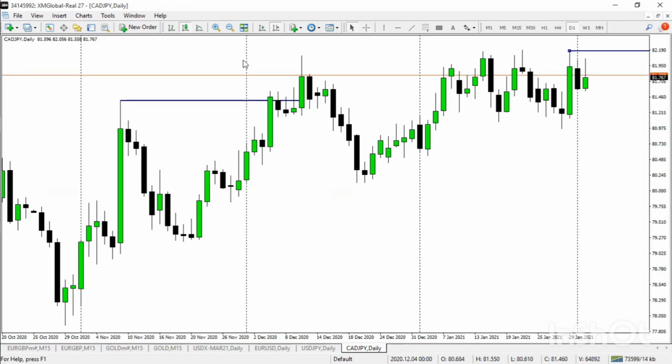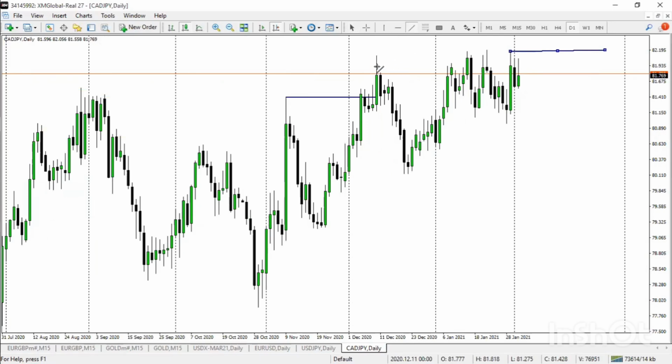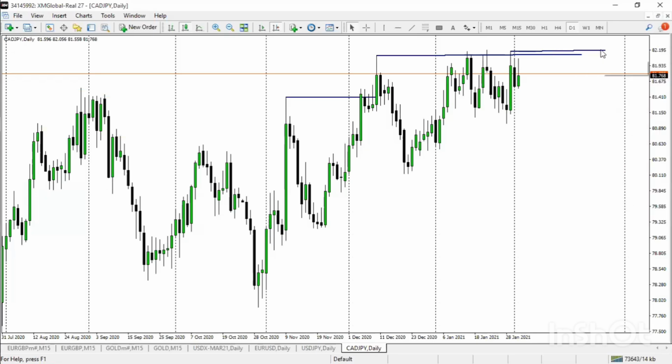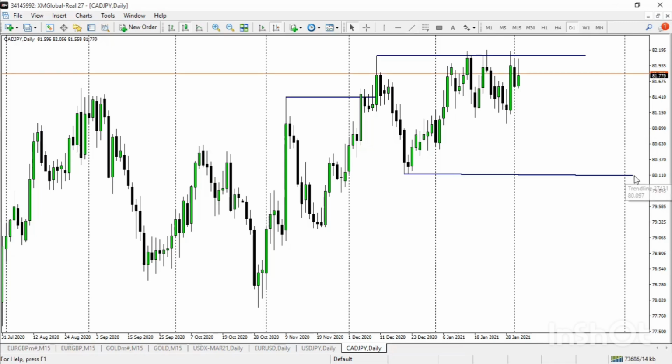No. So this was our higher high. That's our higher high. I think our major low will be this one. That'll be like the major one. So this one, daily structure order flow is ranging, as you can see.